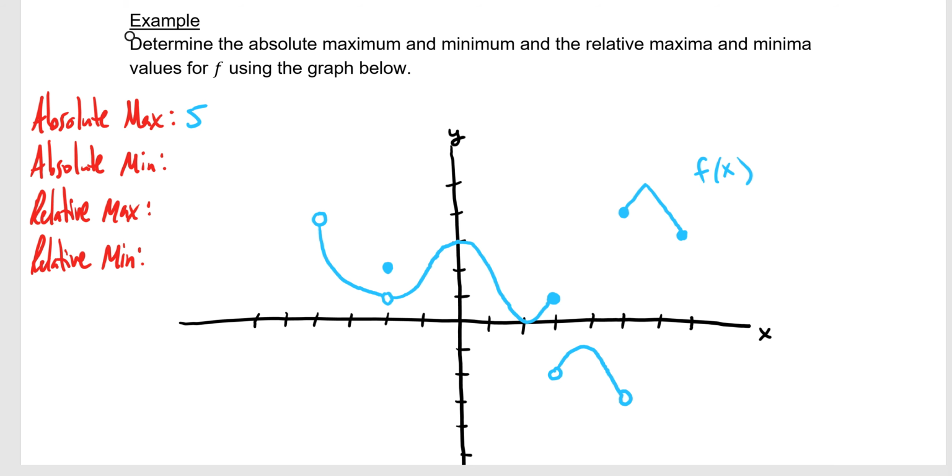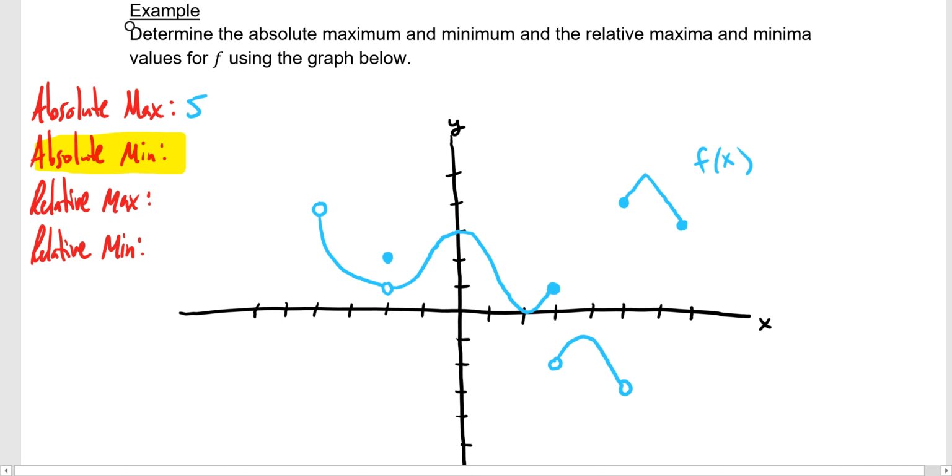Okay, next for the absolute minimum value, this is where it gets a little bit tricky. The first one's hopefully pretty easy. Now it gets a little bit tricky. It looks like the smallest y value is right down here, right where that hole is. Except since there's a hole there, the function actually doesn't exist there.